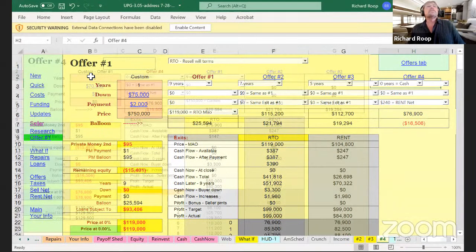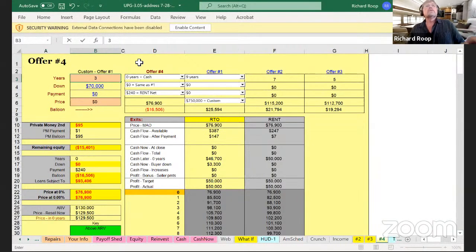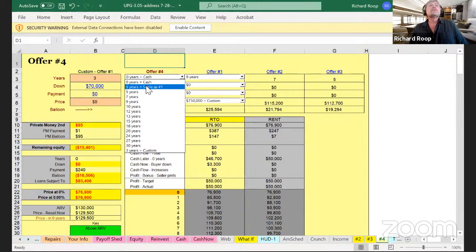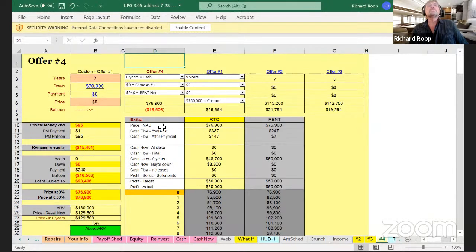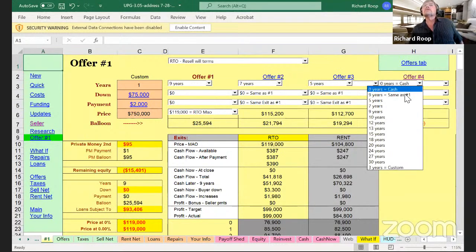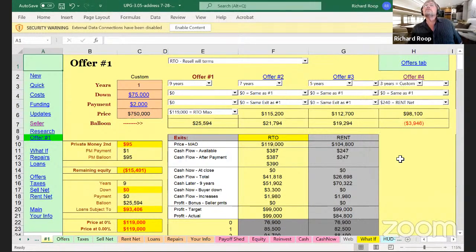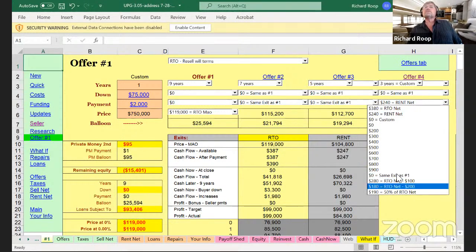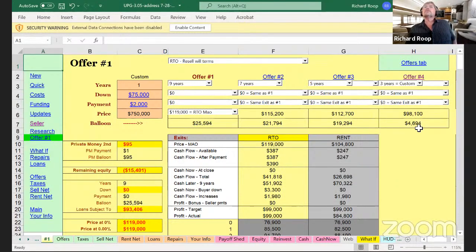I'm going to put a custom 3 years. Okay, the rent exit should be the same as 1. Okay, so now we've got 9, 7, 5, and 3.